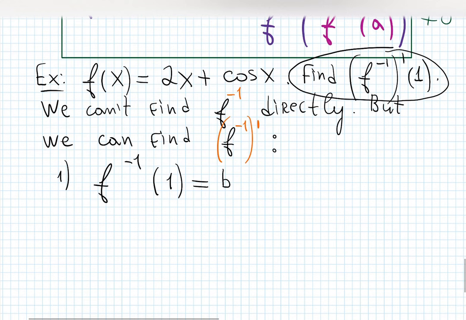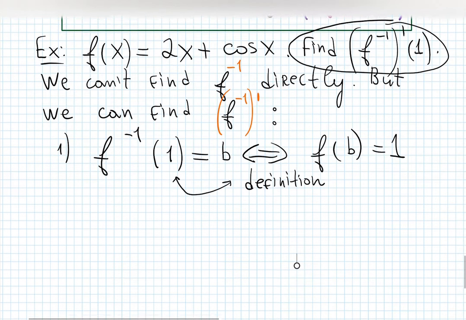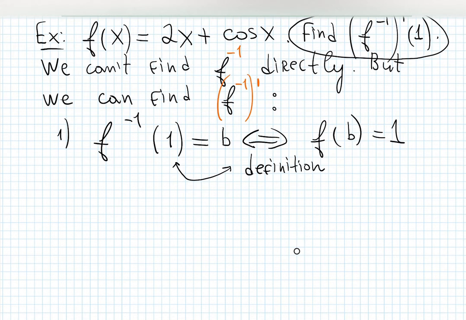Yes, we can. Inverse function at 1 equals b means, by the definition we introduced today, f of b is 1. Make sense? So inverse of 1 equals b means f of b equals 1. We're just exchanging these two, 1 and b, and renaming the function from inverse to the original.